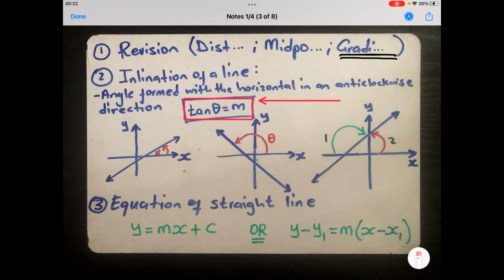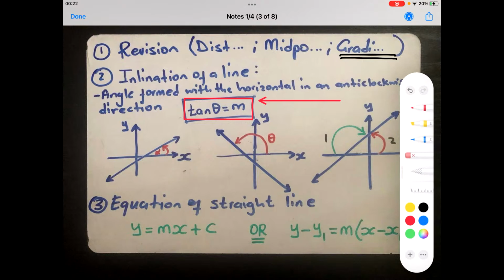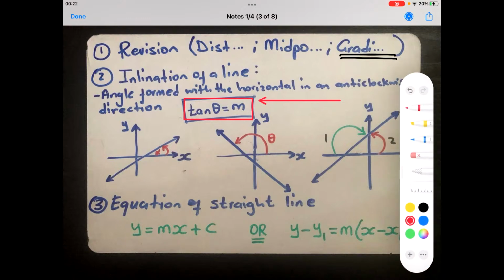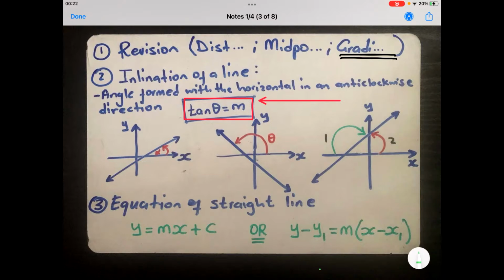So now, very quickly, let's have a look at something. Obviously, you must be having a line.